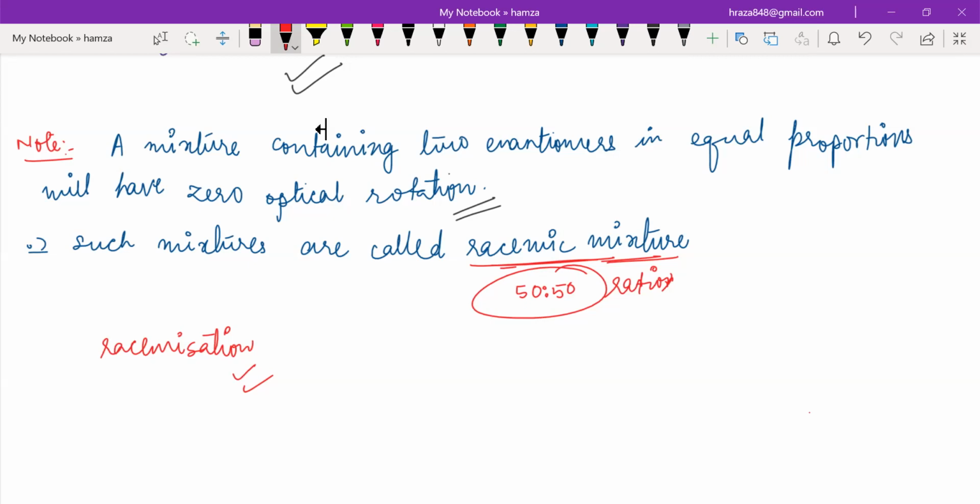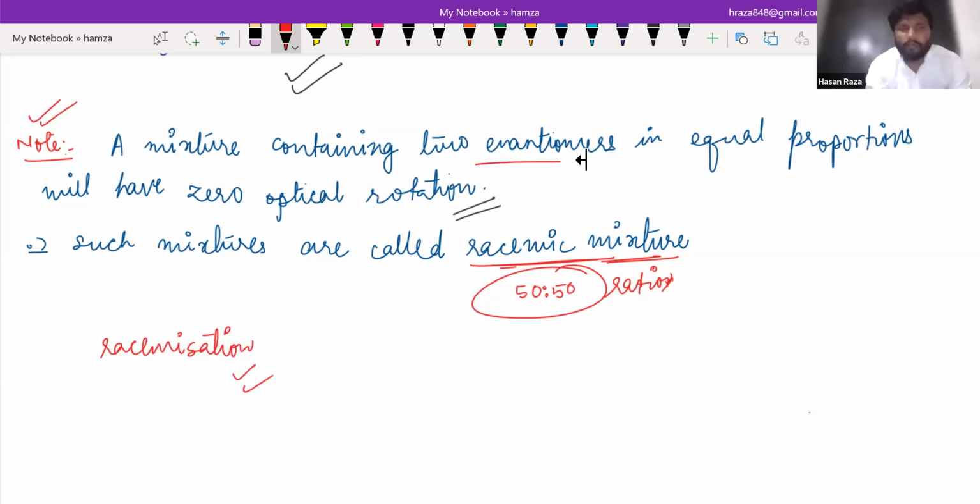So we just started from here. We have a mixture of two enantiomers that are non-superimposable. One will have D rotation, then another will have L rotation, clockwise and anti-clockwise.